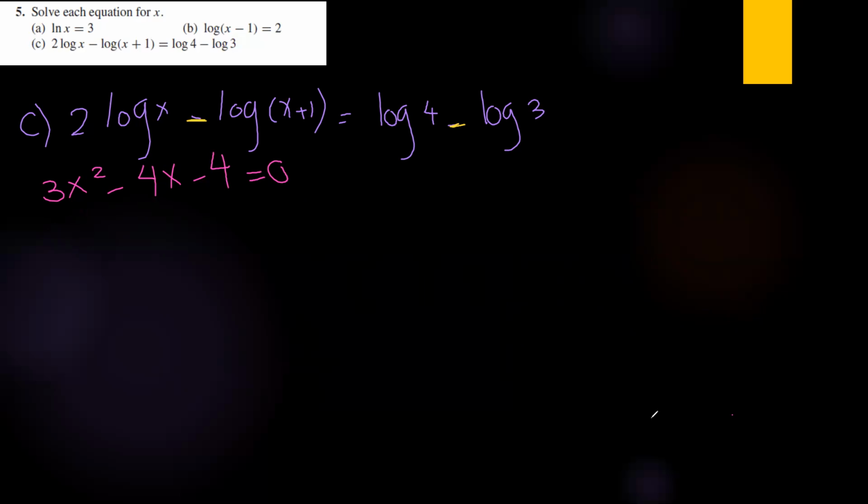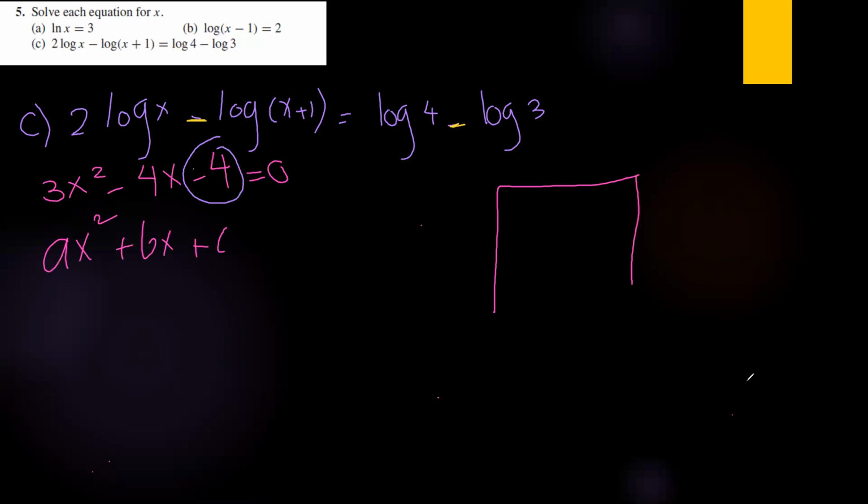Now, what we have to do here, I will remind you how we factorize it. Here we have negative 4. Now this is the type of equation we call ax squared plus bx plus c. So to factorize, you have to multiply negative 4 with 3, which is negative 12.